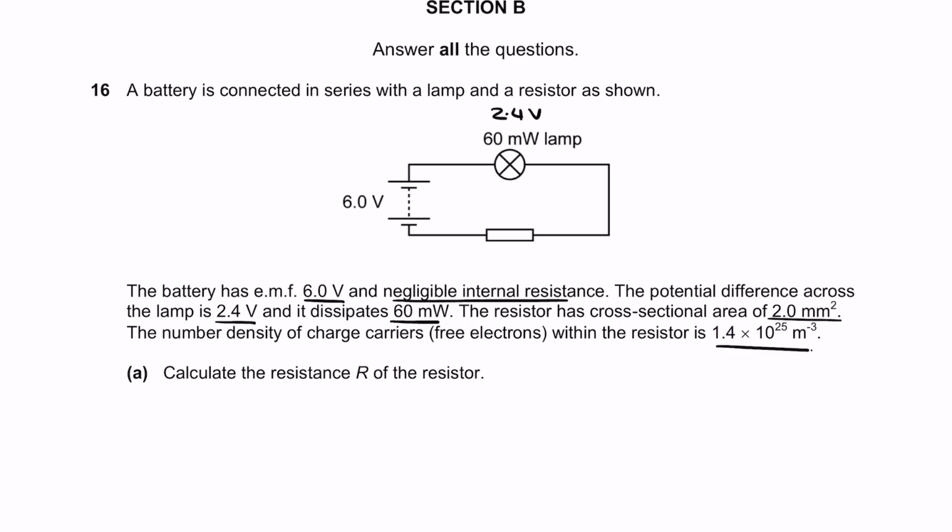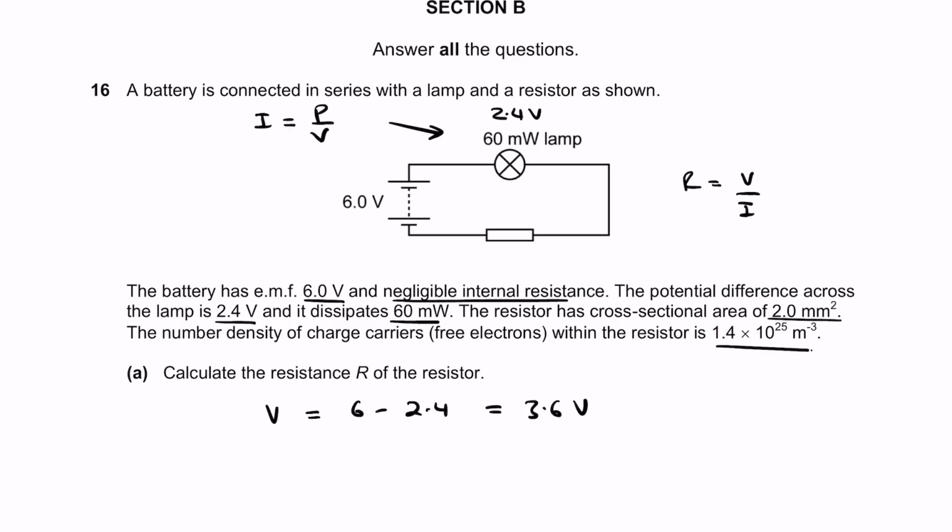So we can work out the resistance by using V over I, and the voltage across the resistor is just 6 minus 2.4, which is 3.6 volts. And for the current, we can use the information from the bulb. The current is equal to power divided by voltage.